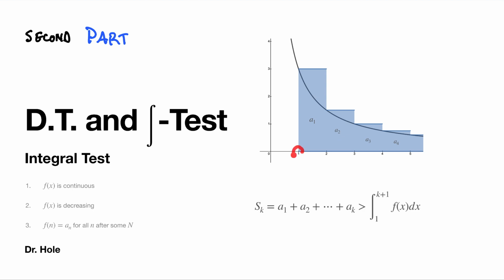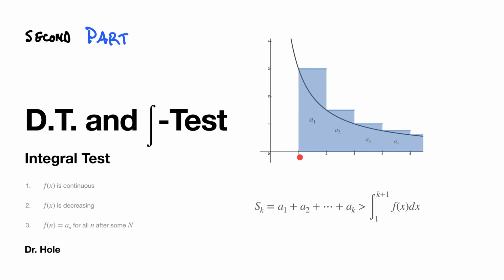Notice that if we look at n and then pull to the right, that box will finish at n plus 1. So the base of the box will sit between n and n plus 1.